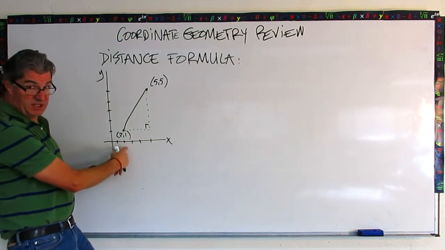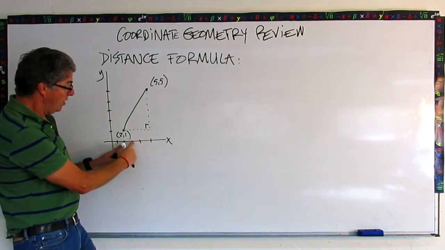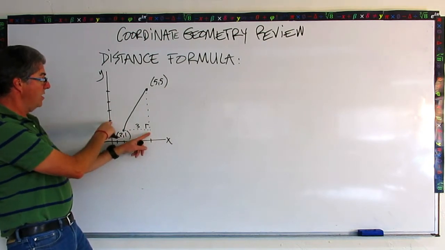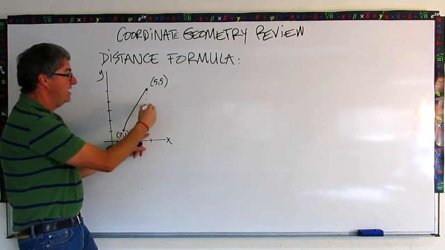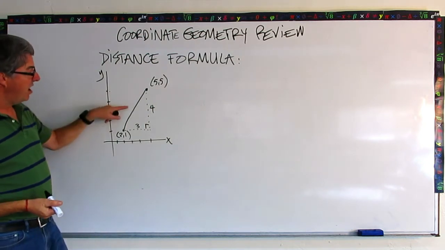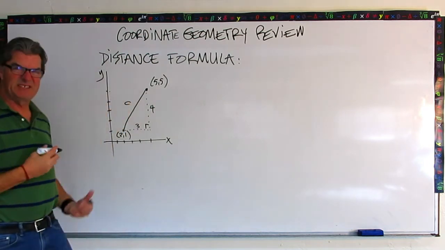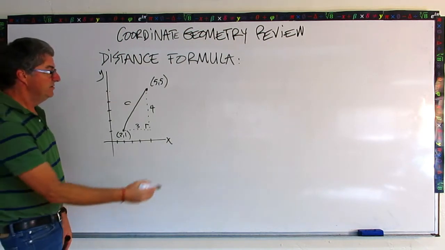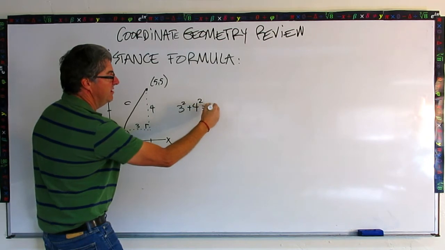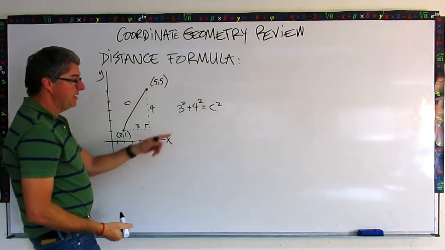So we can just count this off on the coordinate plane. 1, 2, 3. This is 3, and this goes from here 1, 2, 3, 4. So that's 4. So now we use the Pythagorean theorem to find our x here, or let's call that c. That's commonly what that's called. So this would be 3 squared plus 4 squared equals c squared. Okay, then we solve.